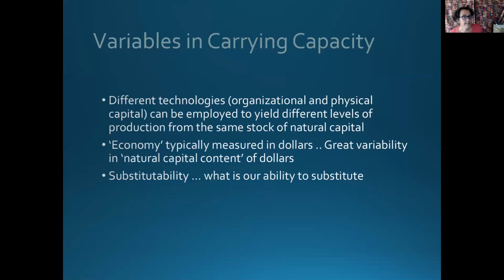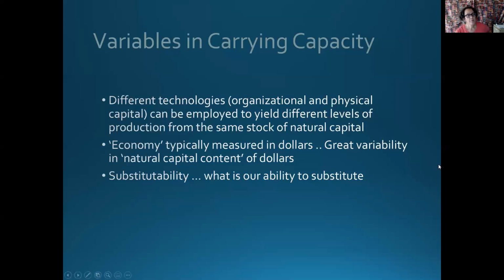We're all in this online world right now, so we're driving less to different places, so there's less natural capital being used up. If we're driving less and flying less, we're not using up the same stock of natural capital, but we're still doing some of the same things, like going to school.